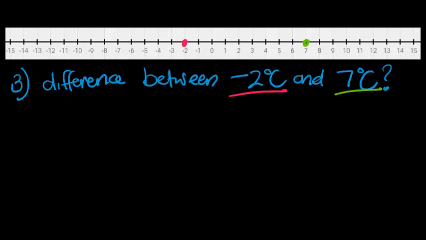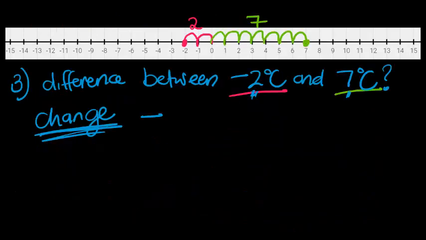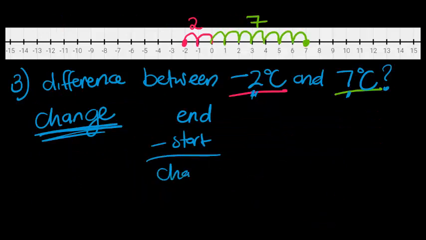On the number line, I would say 2 jumps on the negative side to get to 0, and then 7 on the positive side, so my answer is going to be 2 plus 7. We say end minus start equals change, or the difference.